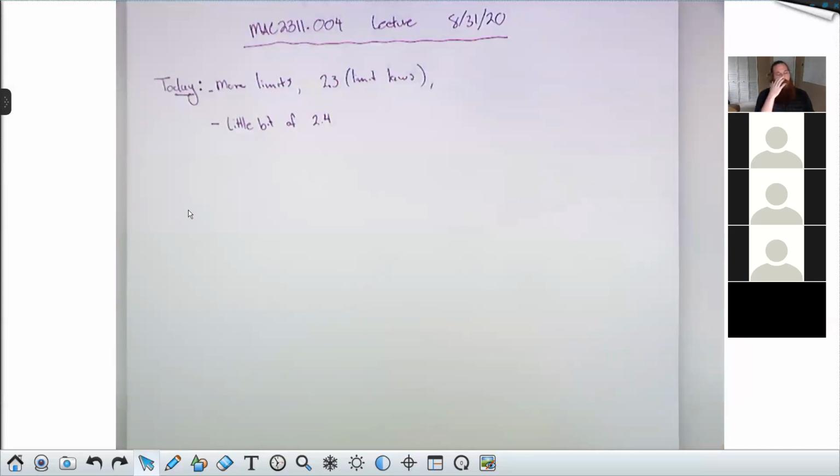And then later in the week, we're going to connect that to continuity in the way that I've been hinting at, and then we'll start studying continuity as a rigorous algebraic thing.